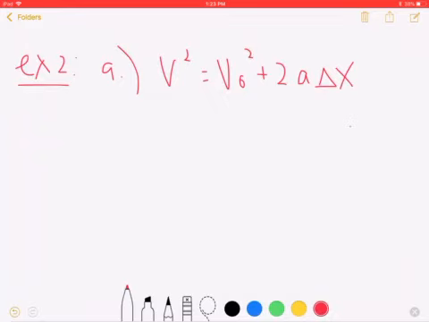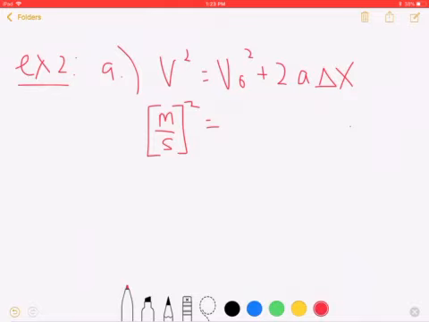Where v is our velocity final, or at a specific point, v0 is our initial velocity, a is our acceleration, delta x is a displacement. Okay, so the units for velocity are meters per second. Write that quantity squared.